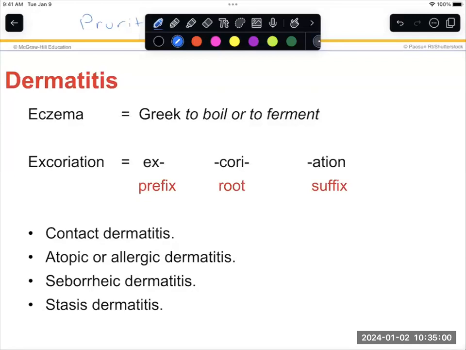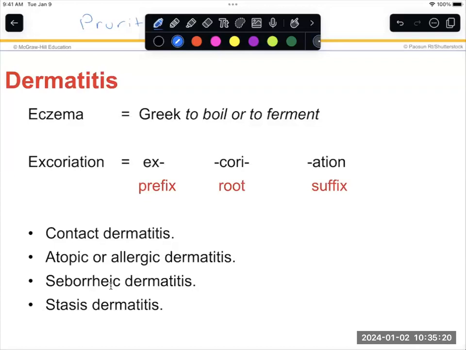Excoriation is scratch marks. If you've ever scratched your skin, or had a dog or cat scratch you, and they leave these red marks on your skin, that's an excoriation.